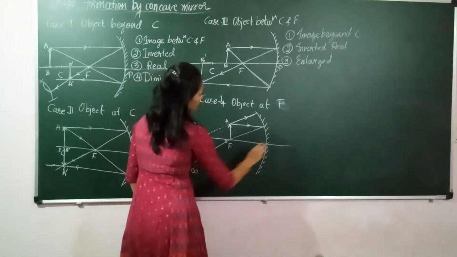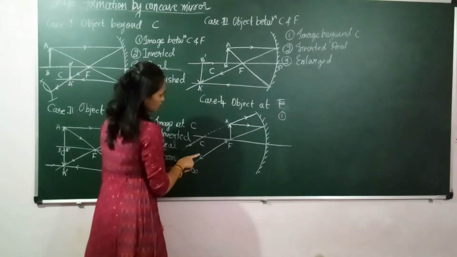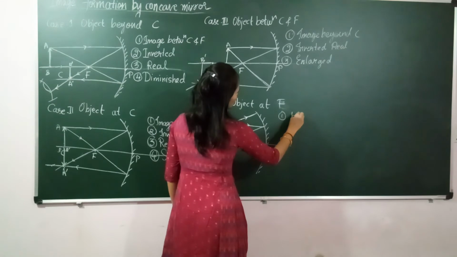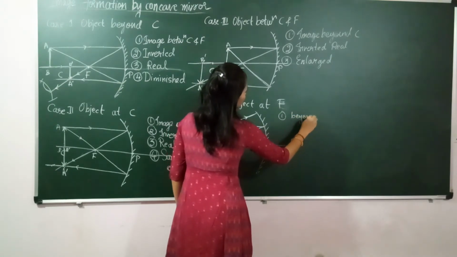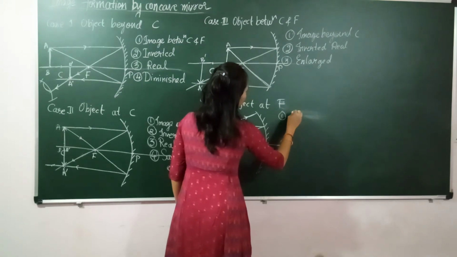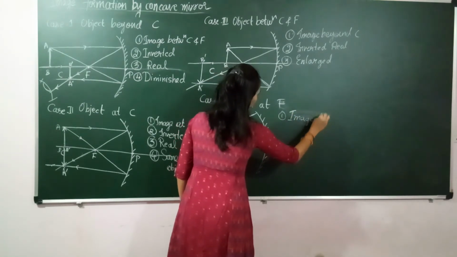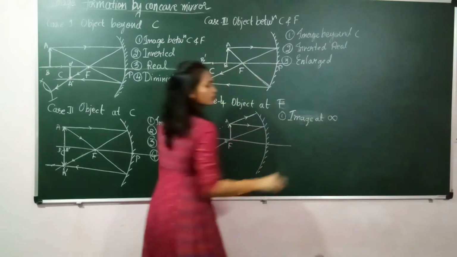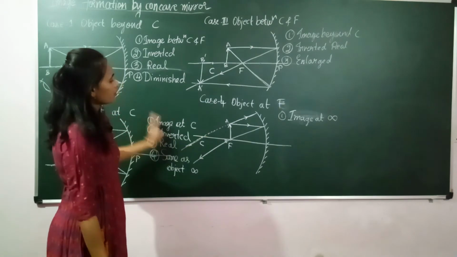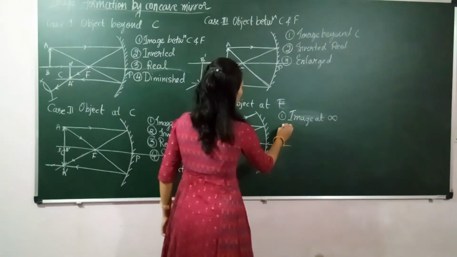Here we will write the properties of the image. First, where the image is formed: at infinity. We write image at infinity, because we don't know where the image will actually be formed. It will be formed at a very large distance, so we consider it as image at infinity.